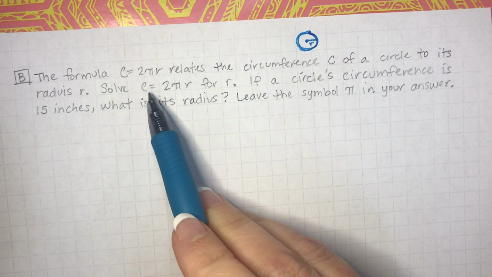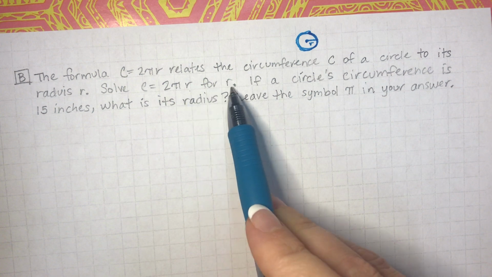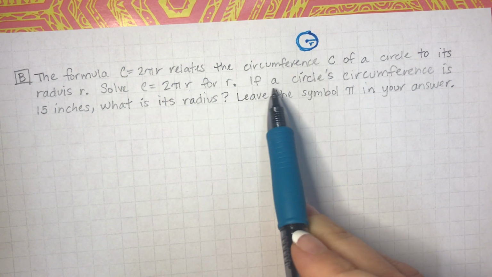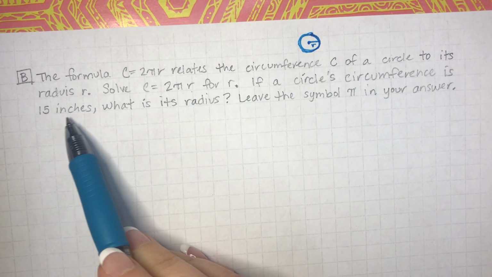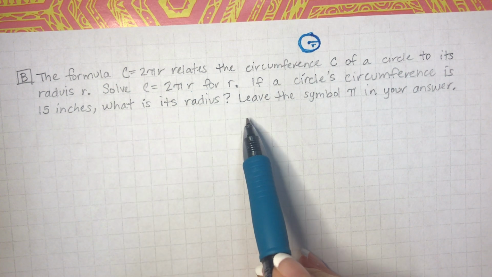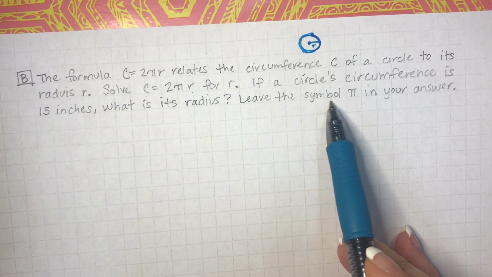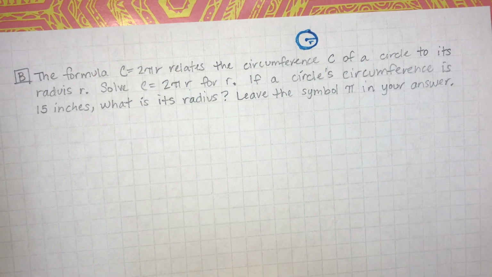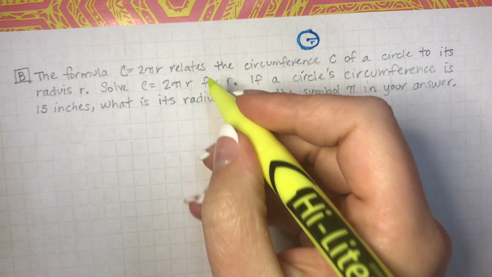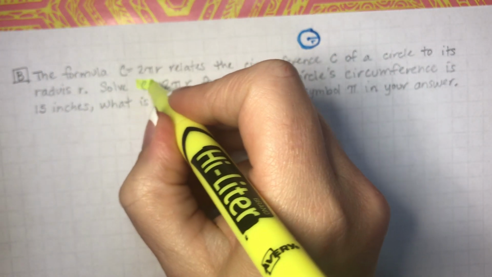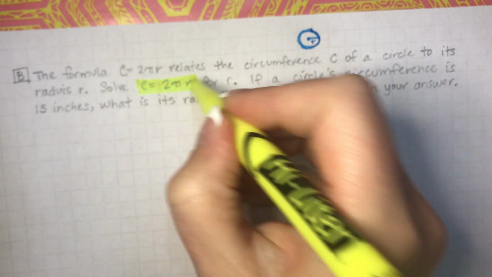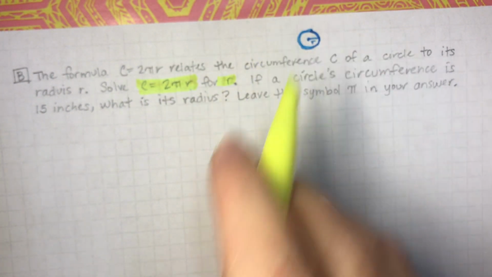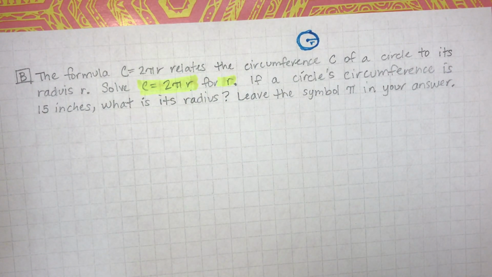It says solve C equals 2 pi r for r. And then it says if a circle's circumference is 15 inches, what is the radius? And then lastly, leave the symbol pi in your answer. Okay, cool. So like the other one, it has some things it wants us to do. The first thing is to solve C equals 2 pi r for r. That's the first step.